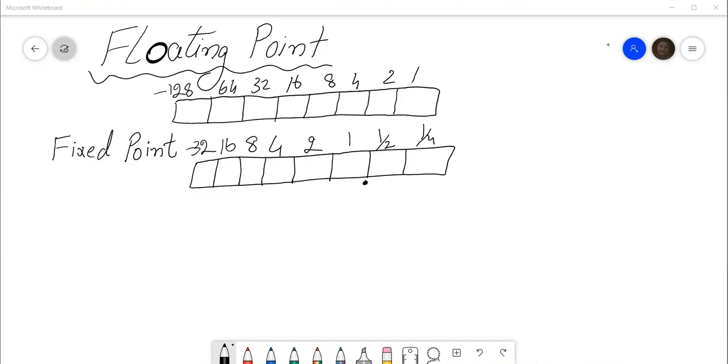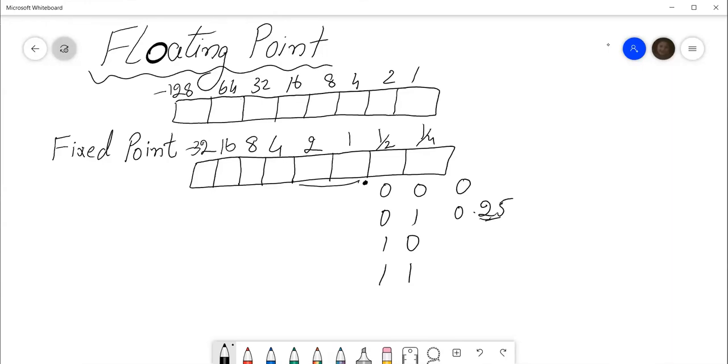So the combinations for decimal fractions will be 00, 01, 10, and 11. The lowest decimal fraction we can represent is 0, and if both bits are on, 0.75. I'm just giving the decimal part, okay?